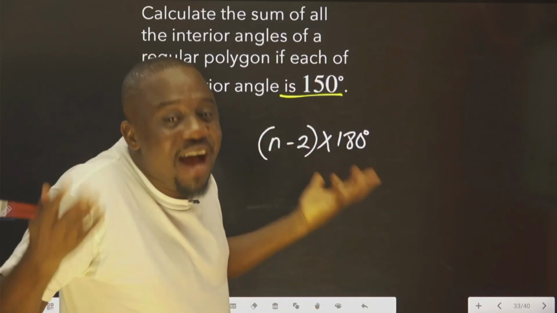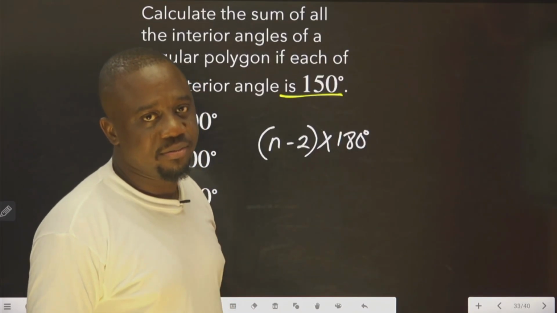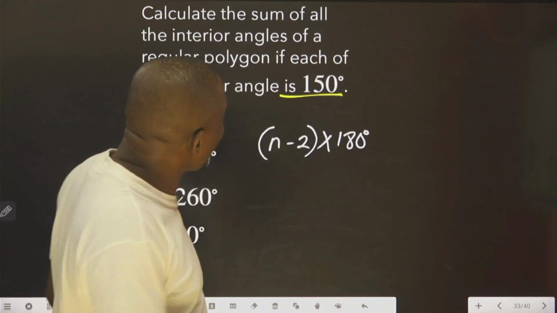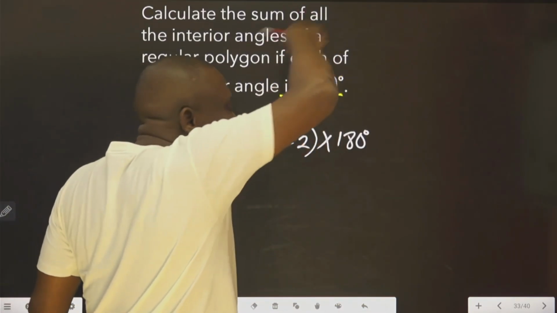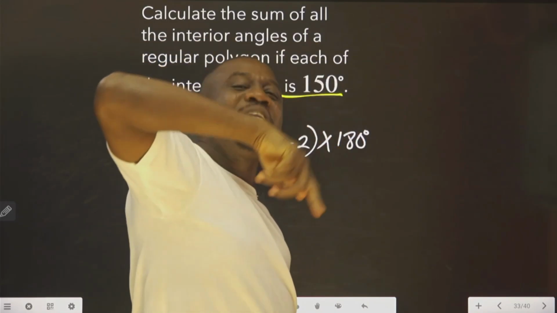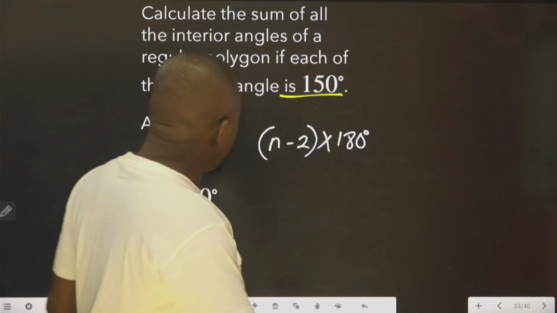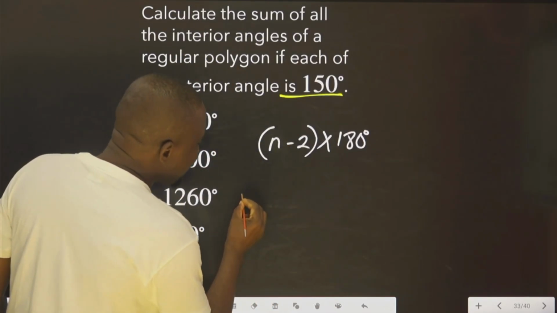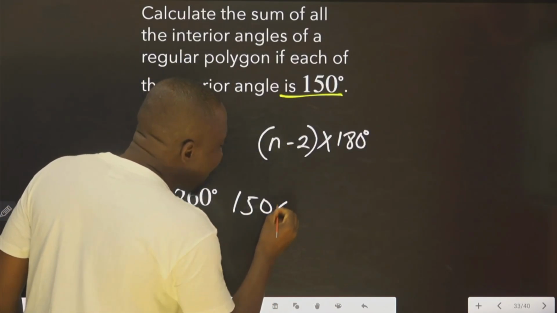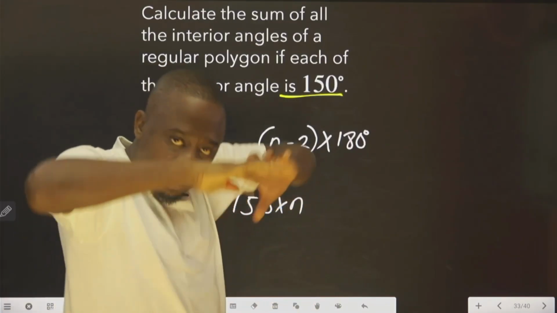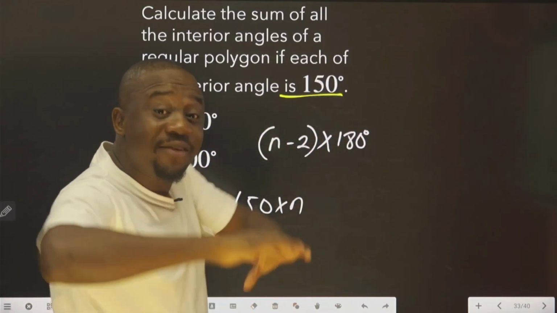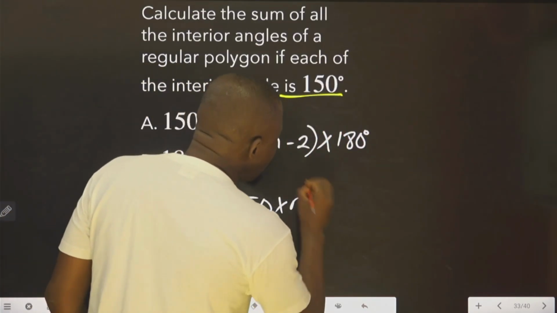I'm just saying if it were 5. Because we don't know n, we are going to say the sum of all of them is 150 multiplied by n. And this is the formula to calculate it. So what we can do now is to say 150 multiplied by n, which is actually the summation of all of them. The answer for the summation is equal to this formula.